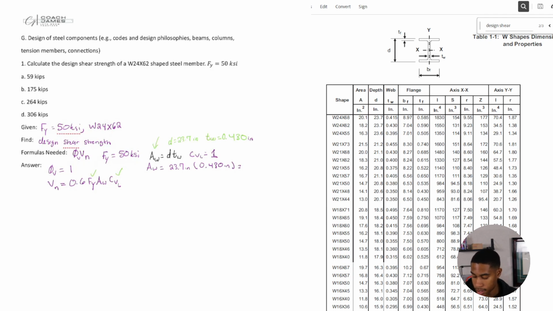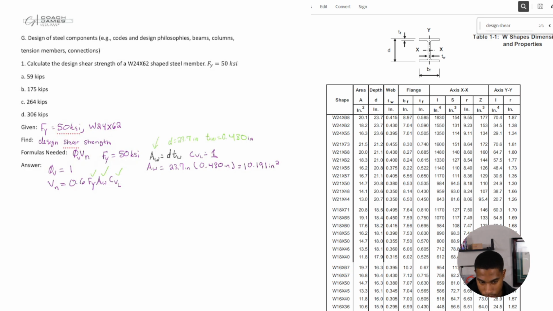And an inch times an inch is going to give you inches squared, right? And when we multiply this out, we get 10.191 inches squared. Cool. So now we have the area of the web. Have all the variables that we need in order to go ahead and finish solving this question.